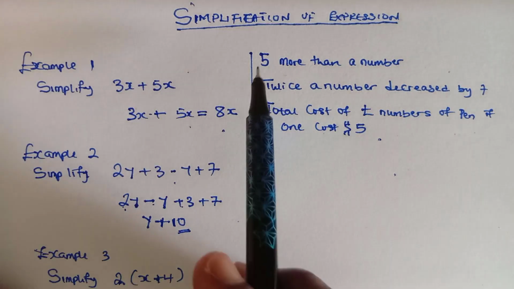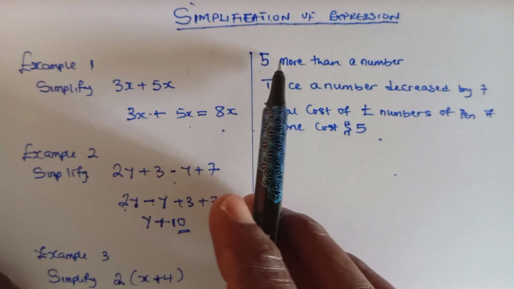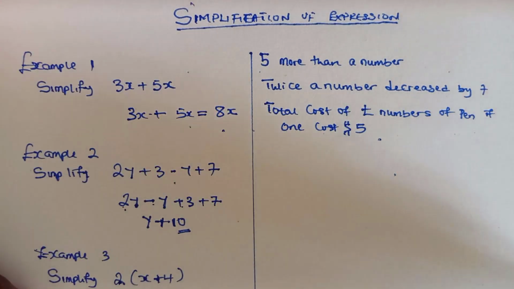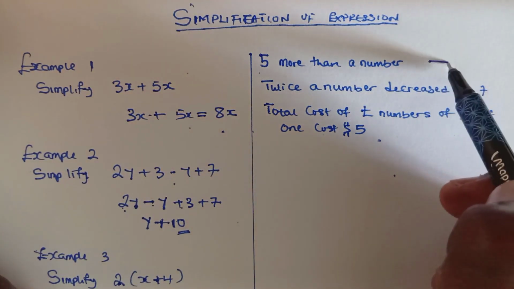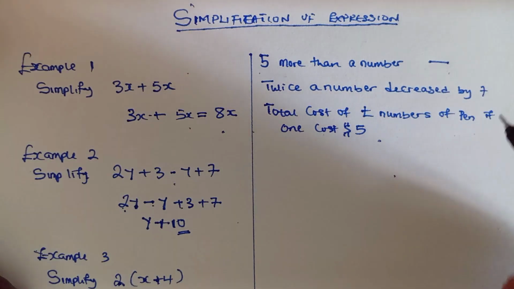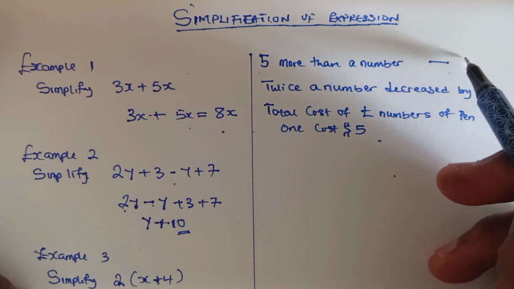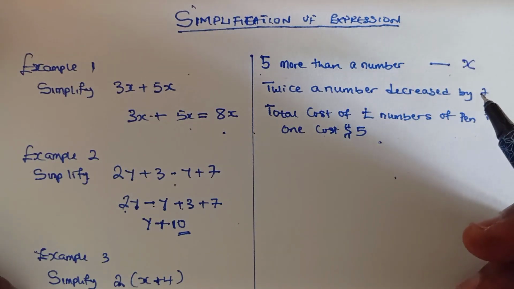So let's see another wrap on simplification. So let's use sentence this time around. So 5 more than a number. So we can bring in a variable here to represent the number. A number is going to be, okay, let's say we pick the number to be x, right?